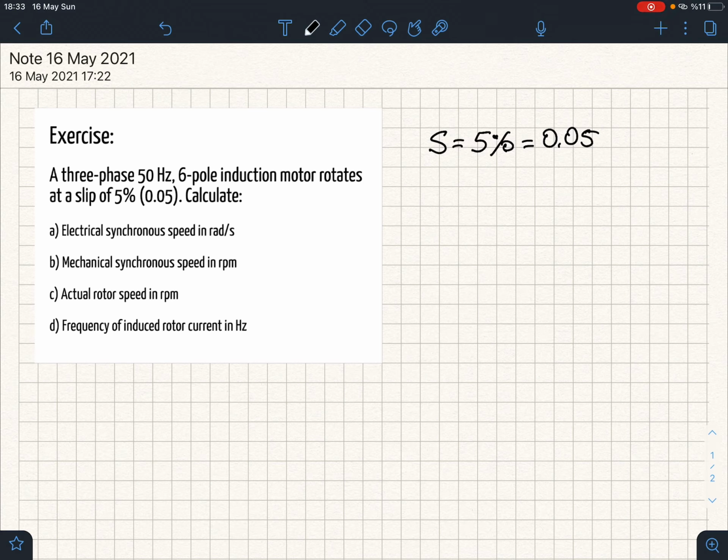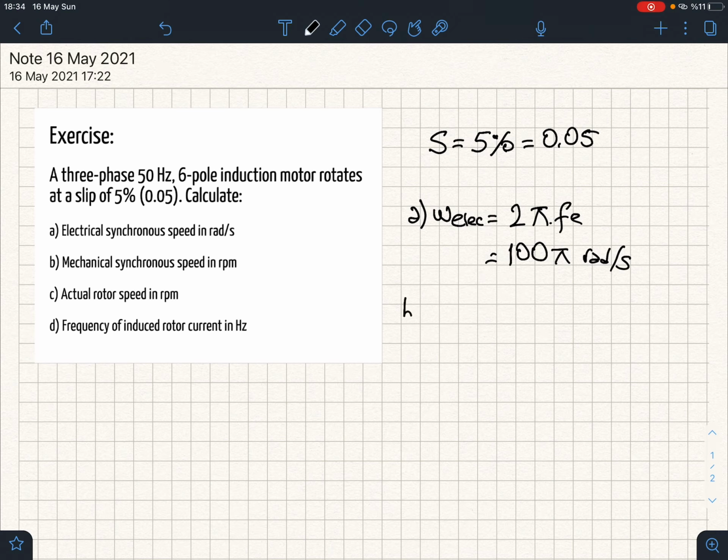So let's calculate the electrical synchronous speed in radians per second. That is really simple. We have 2π fe, and it is 50 hertz, so it is 100π radians per second.